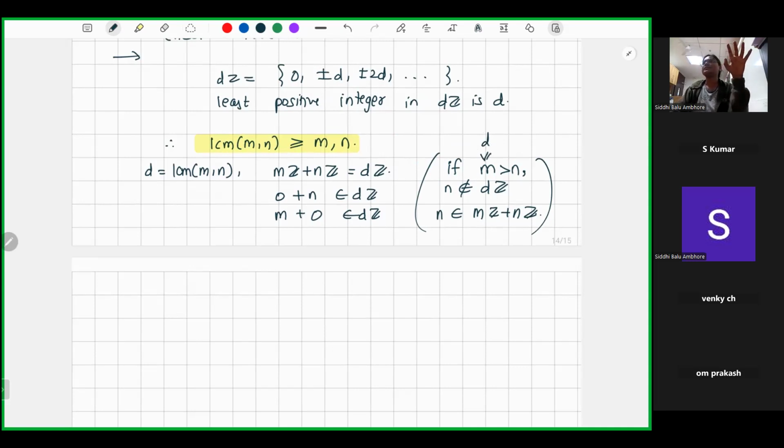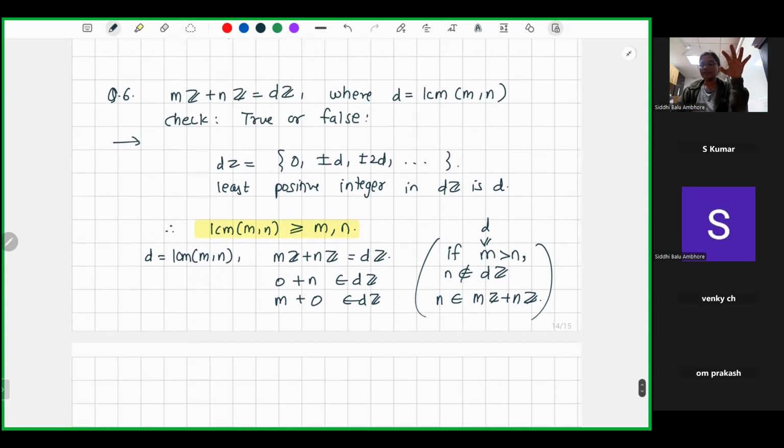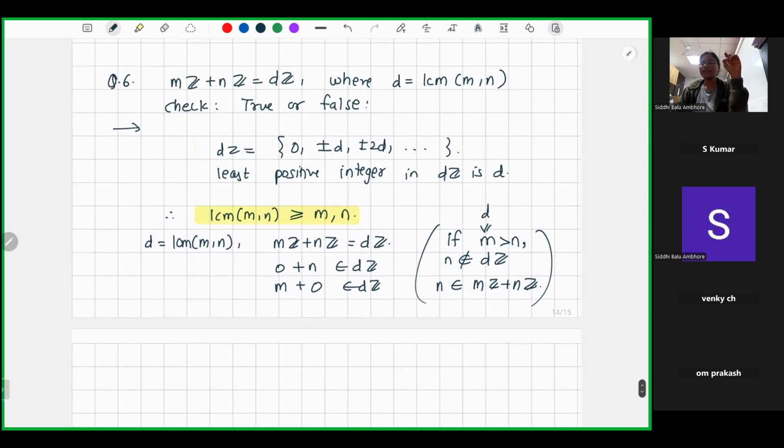This is a very bad way, but just understand that the LCM of two numbers will be a very huge number, whereas this subgroup mZ plus nZ contains both m and n. I hope you understand what I'm trying to say here. This is straight away very false.